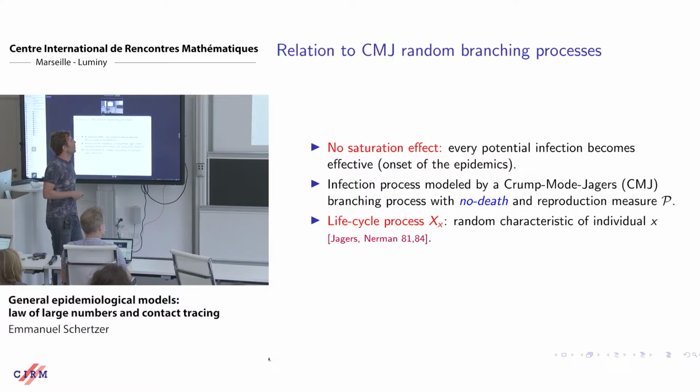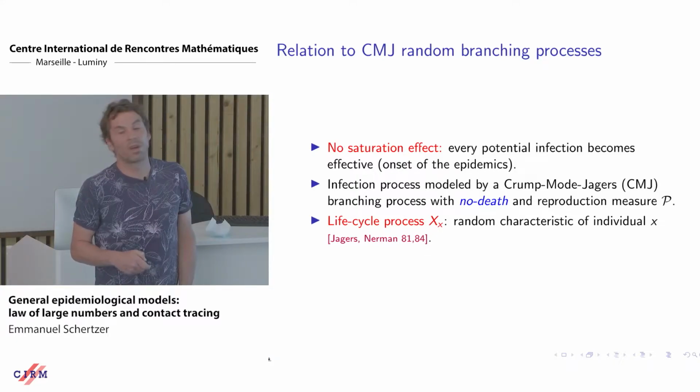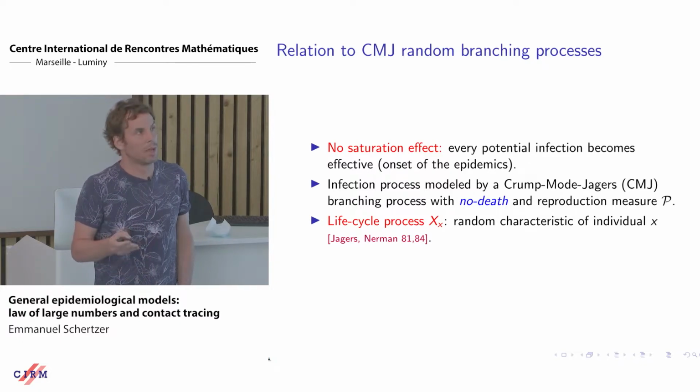So if I take the terminology of the seminal work of Jagers and Nerman, then you want to think of this infection measure as a reproduction measure. And the life cycle process is nothing else than the random characteristic associated to individual x. So this is a fairly standard model, and there are a lot of results which are known.